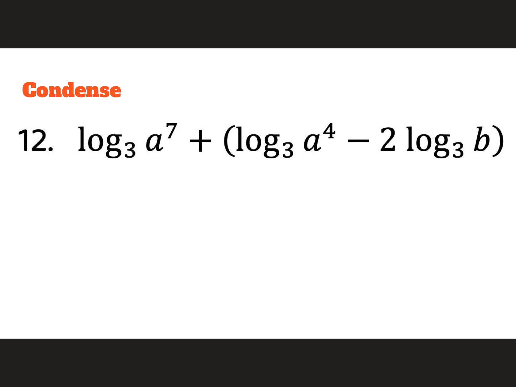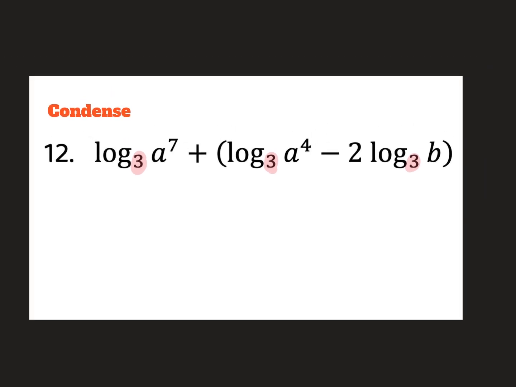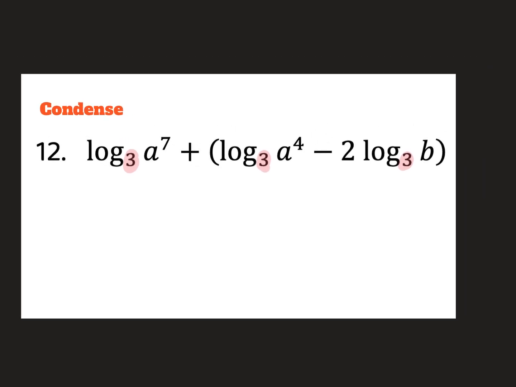Okay, now they're getting more complicated, but I hope you are weirdly enjoying it. So what do I see? We have all the same base here, and my second two logs are in parentheses, and we're going to try to condense this into one log. So let's start by bringing this 2 up as an exponent on that b.